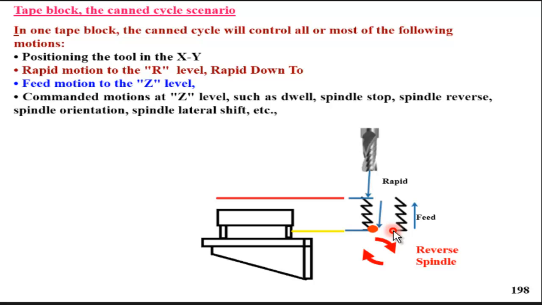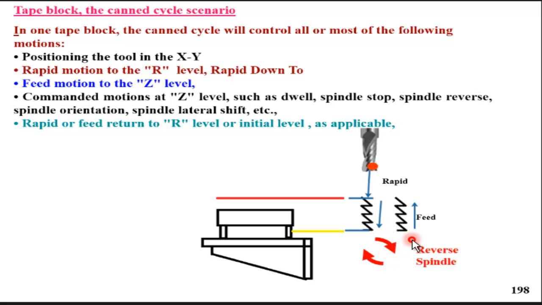After this command action, there will be a rapid or feed return to the R level or to the initial level based on G98 or G99. Here it will be a feed motion. It will not be a rapid motion. Why feed motion?